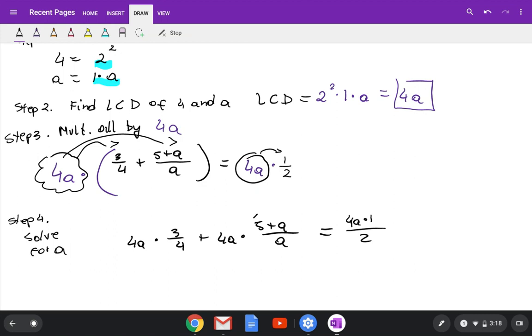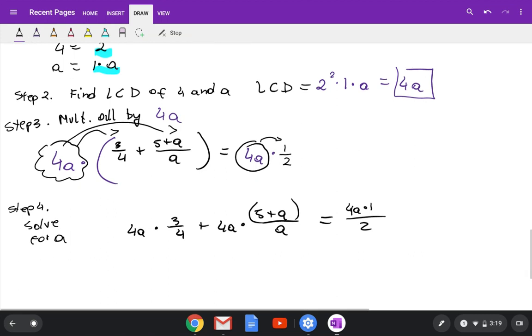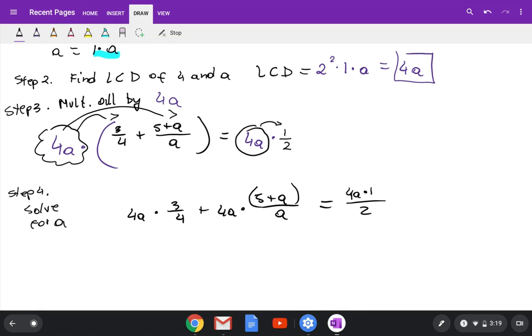So here I want to focus that when your numerator is an expression, always put that expression in parentheses. So let's simplify. 4A times 3 over 4 plus, here we have 4A times (5 plus A) over A, equal 4A times 1, which is 4A over 2.